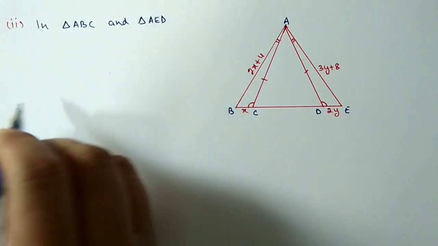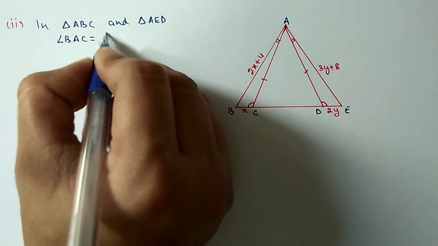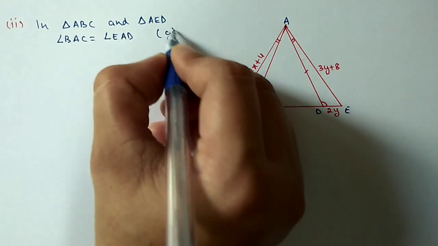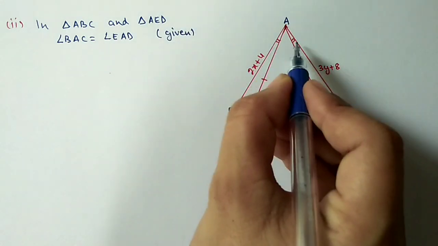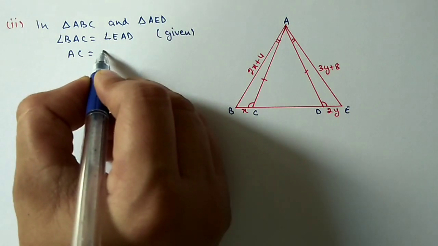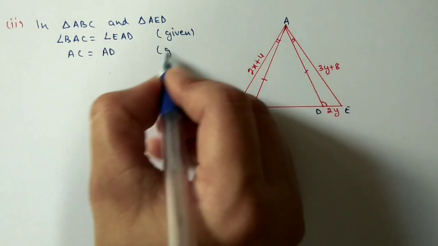AED. First angle BAC is given equal to angle EAD. This is given in the question. Same type of marking are there. Then second thing, AC is given equal to AD. Here also same type of marking is there.